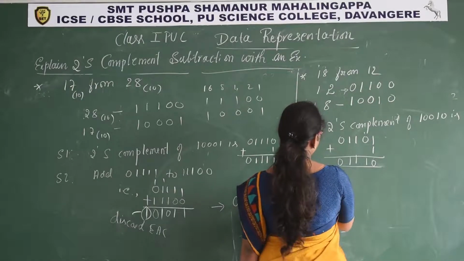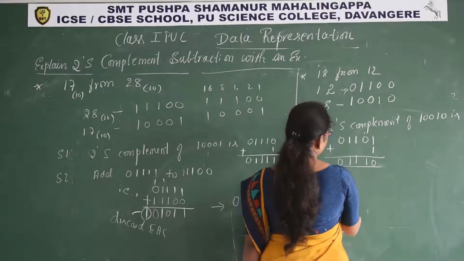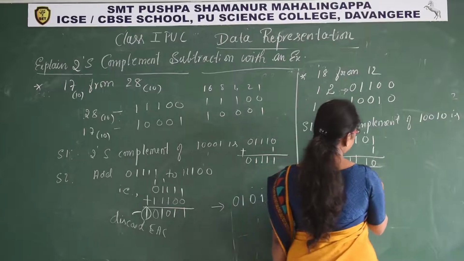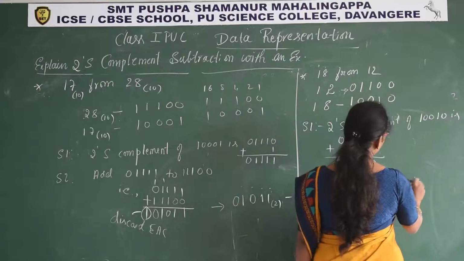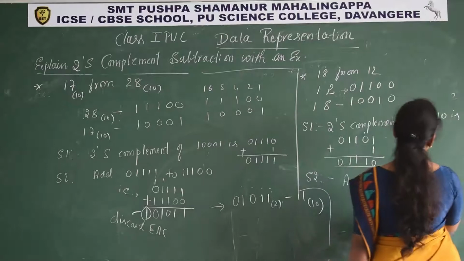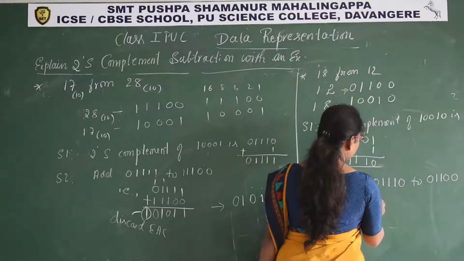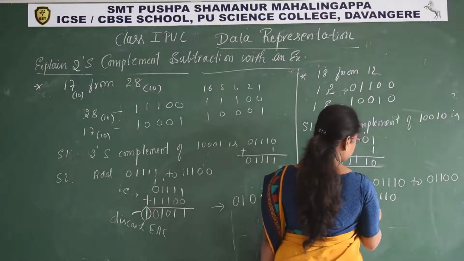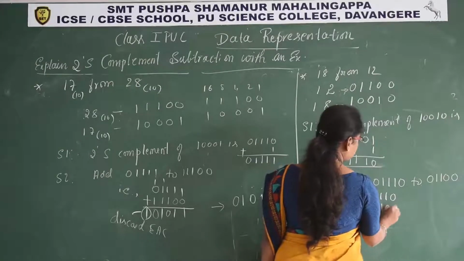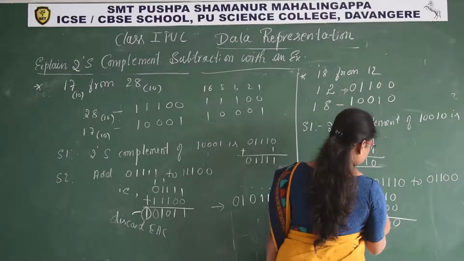Step 2, add 0, 1, 1, 1, 0 to the 2's complement, that is 0, 1, 1, 1, 0 plus 0, 1, 1, 1, 0.